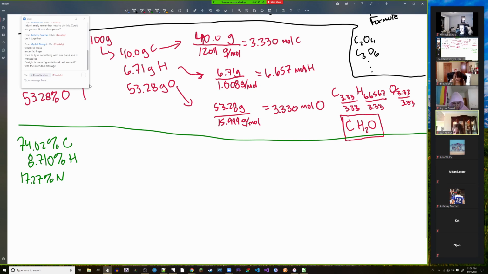And then it gives us a little bit of extra information. Well, first of all, let's find the empirical formula just from this data. And then I'll give you the extra information. We can find the exact formula. So yeah, let's just do basically the same problem over again with these elements.